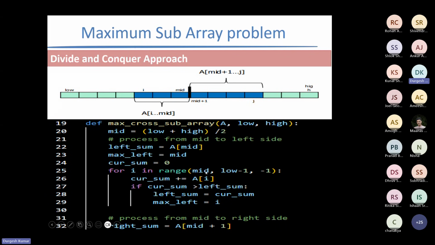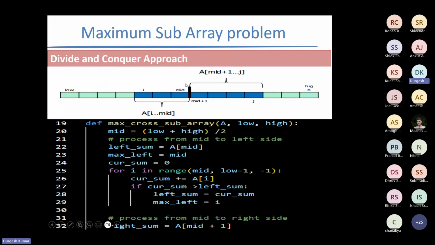Then we go from mid to low minus 1 with a step of minus 1. Current sum adds A[i]. If current sum is greater than left sum, left sum is updated as current sum, and max left is updated to i. So from here we are trying to extend as much as possible.